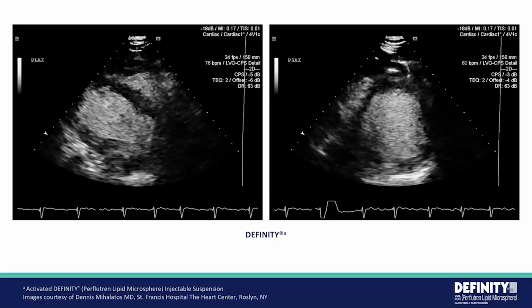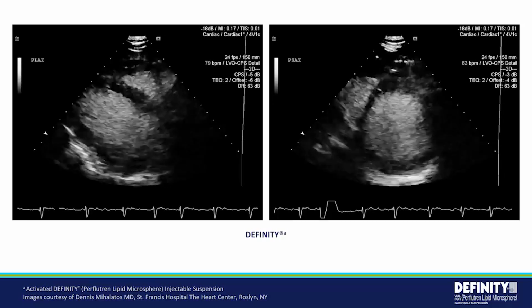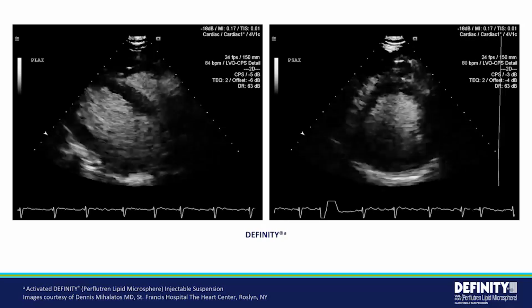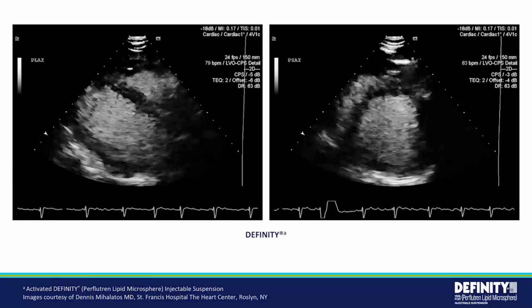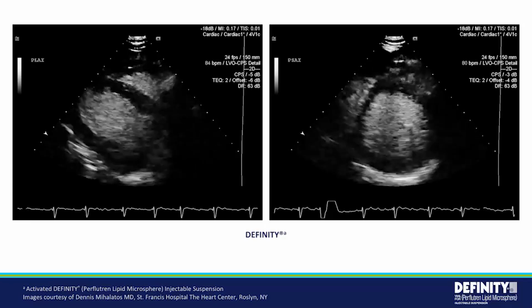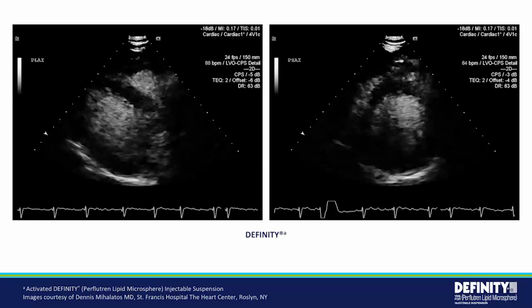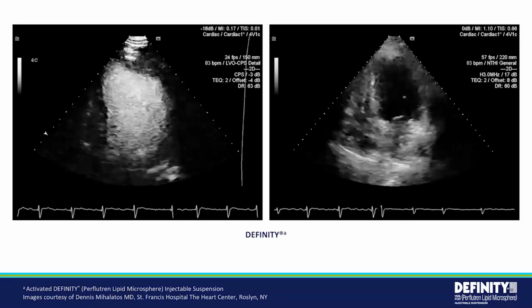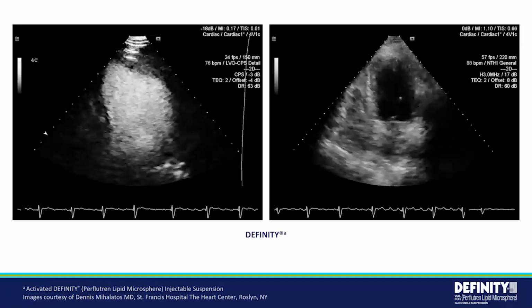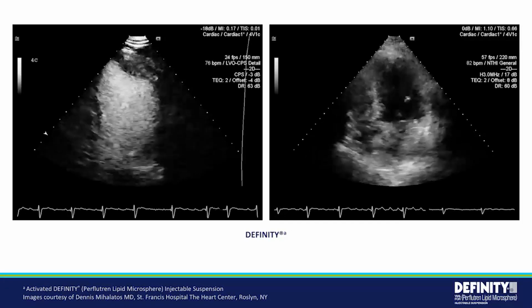Here we have very nice endocardial borders on the parasternal long axis. We see the whole endocardium, nothing is missing, and we have a significantly reduced ejection fraction consistent with a history of ischemic cardiomyopathy. Furthermore, here we see an area that does not take up contrast.